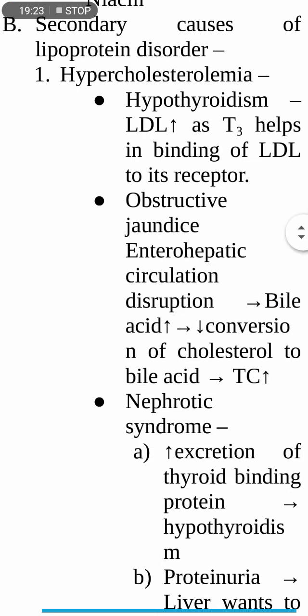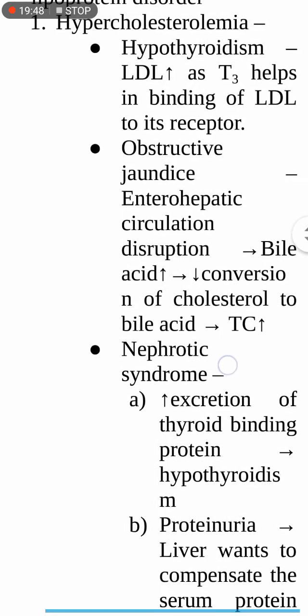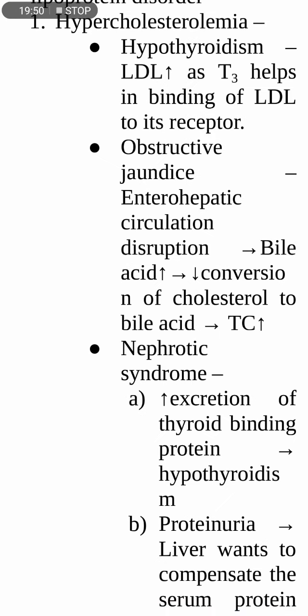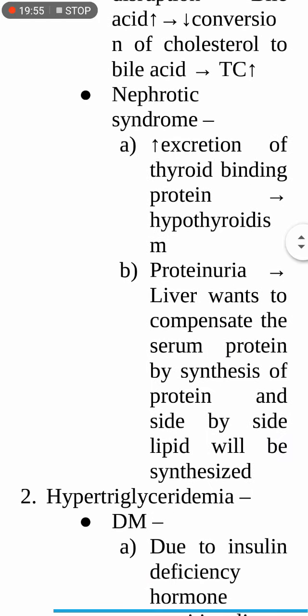Second is obstructive jaundice. In obstructive jaundice, as there is a stone in the common bile duct, bile cannot come out into the intestine. So there is accumulation of bile acid within the bile duct, and bile acid inhibits the main conversion of cholesterol to bile acid. So the cholesterol level will increase.